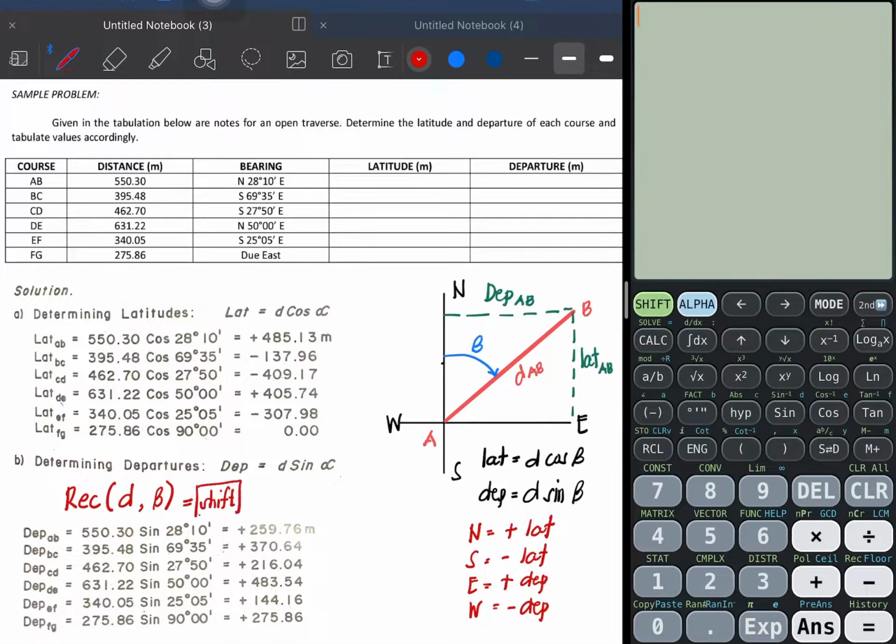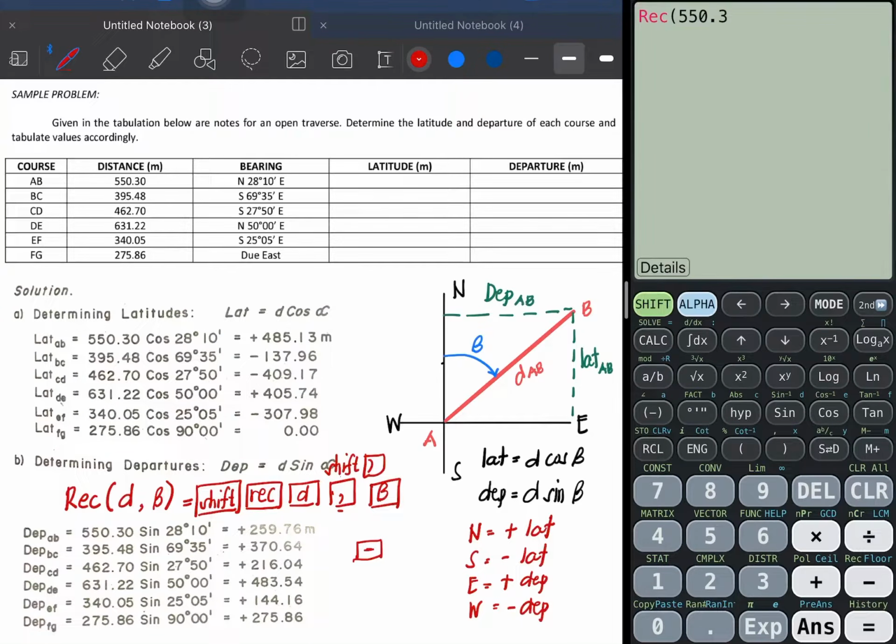In your calculator, press shift and look for Rec. In my case, that is the minus sign on my calculator. Then enter the distance, and then a comma. For the comma, that is shift, close parenthesis. And then enter the bearing.